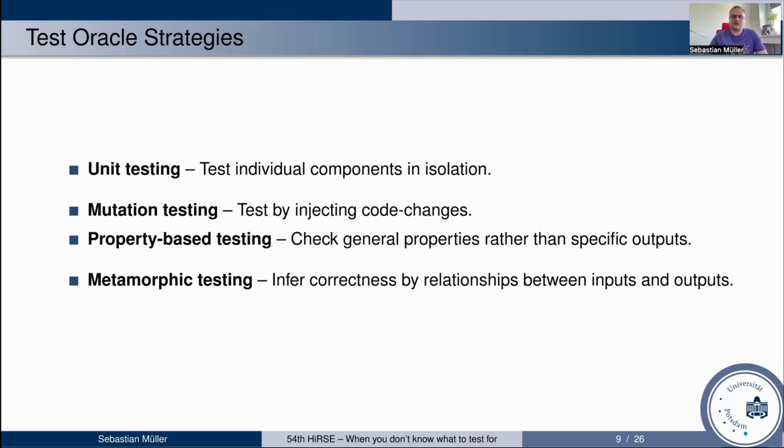We are creating so-called mutants, and then are testing our pre-existing testing suite, our test cases that we have generated previously. Okay, can we actually find these code changes through just running our pre-existing test suite?